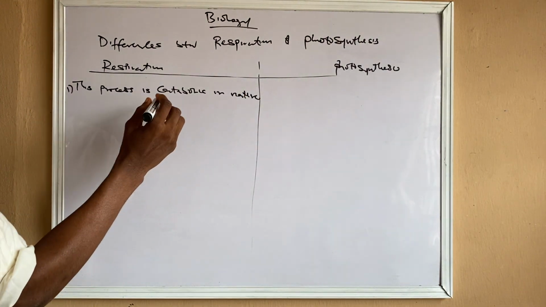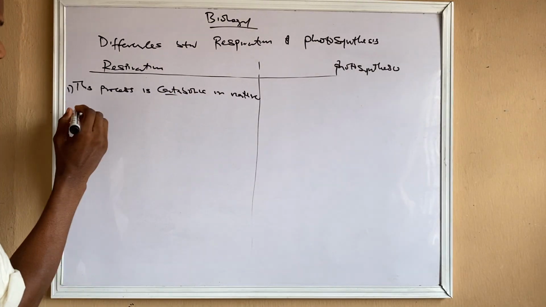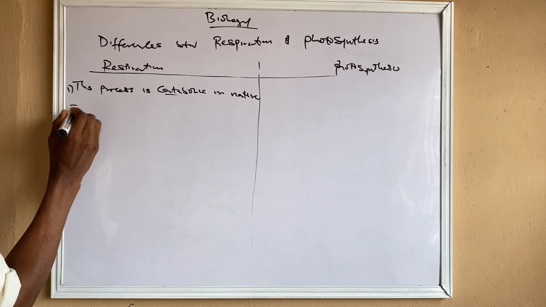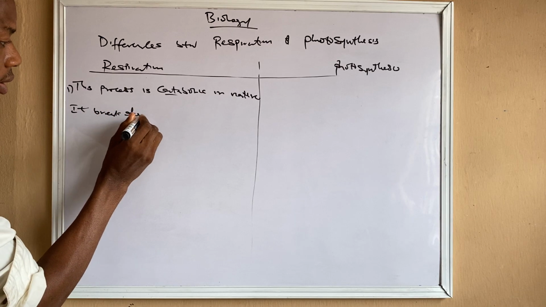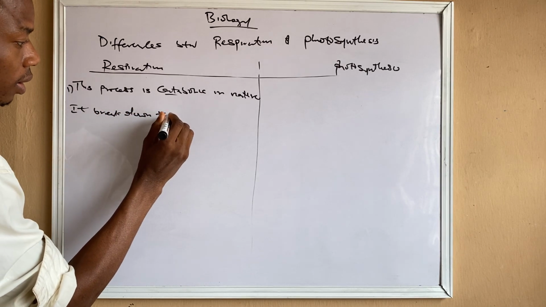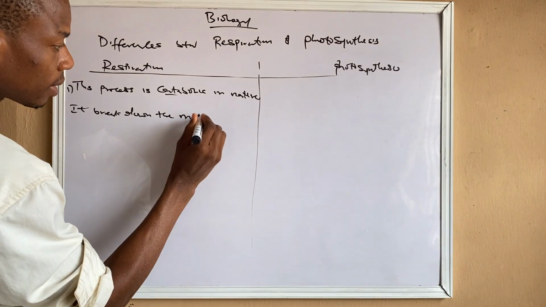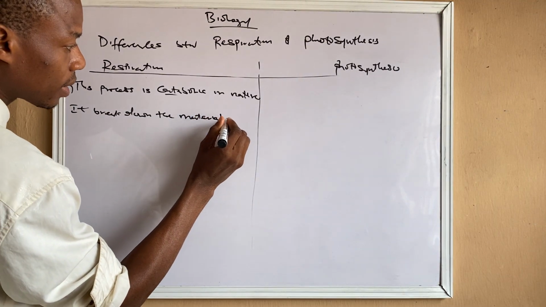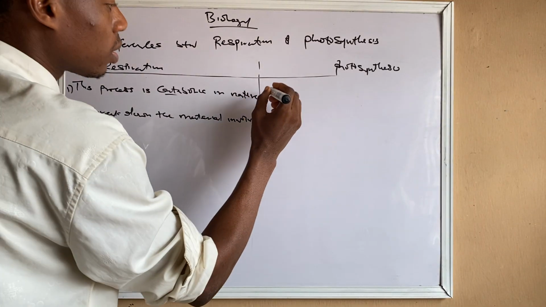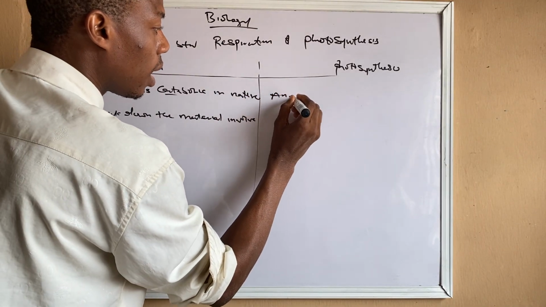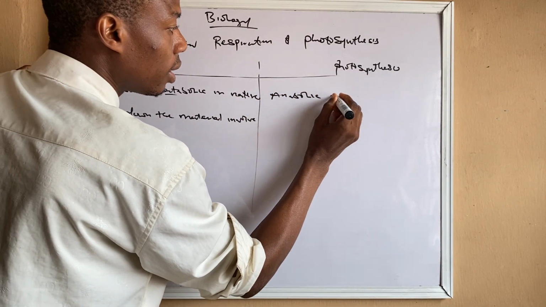When you say a process is catabolic, that means it breaks down the materials involved, and this one is anabolic in nature.